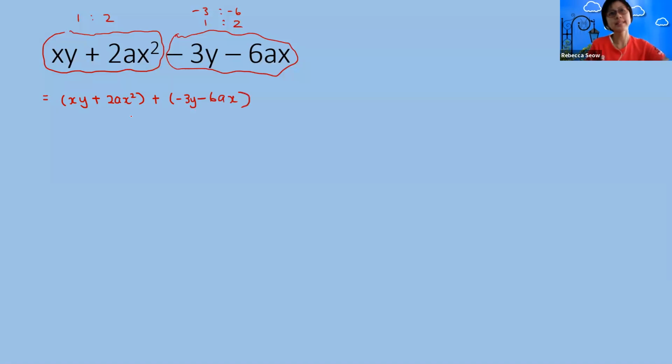You realize that I separate the two groups by putting an addition sign. The reason I'm doing this is that when you have two groups of expressions and you want to put them side by side together, using an addition sign is a more generic form of bringing them together compared to a negative sign.